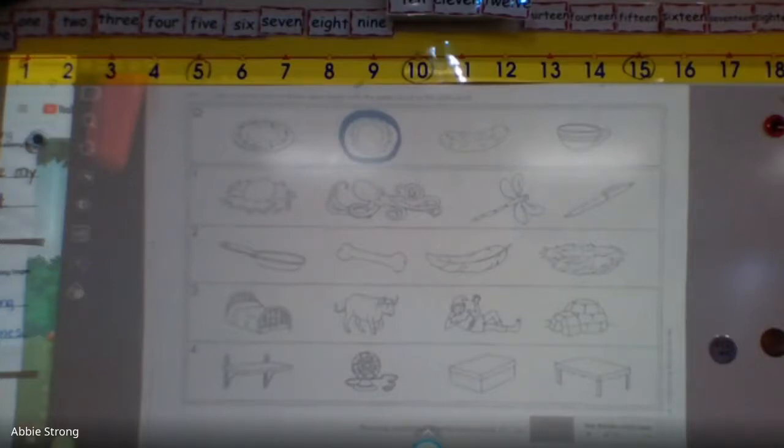Which is the one that starts the same way as fish? Bone, feather, nest. All right, I'm going to come around and check. Make sure your work is all done. Which one's in the shelf? Shelf. And box and table. Which one starts like this? Fish.